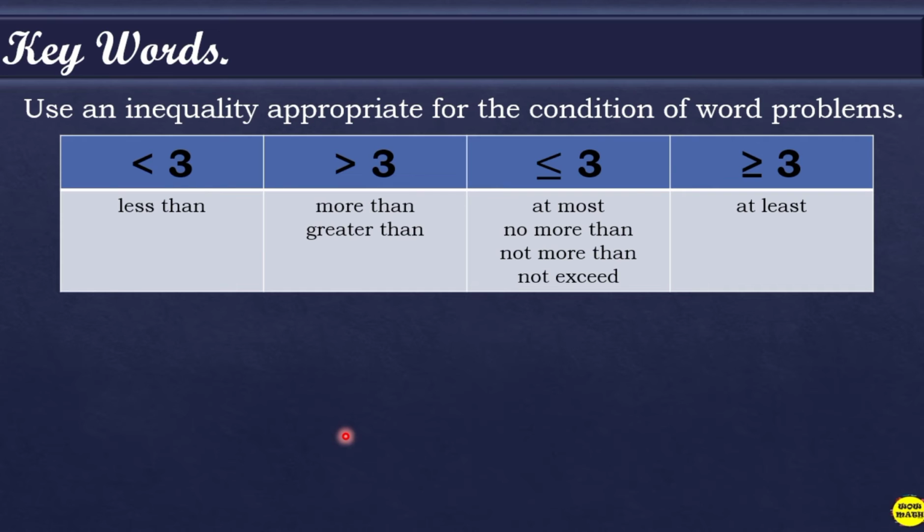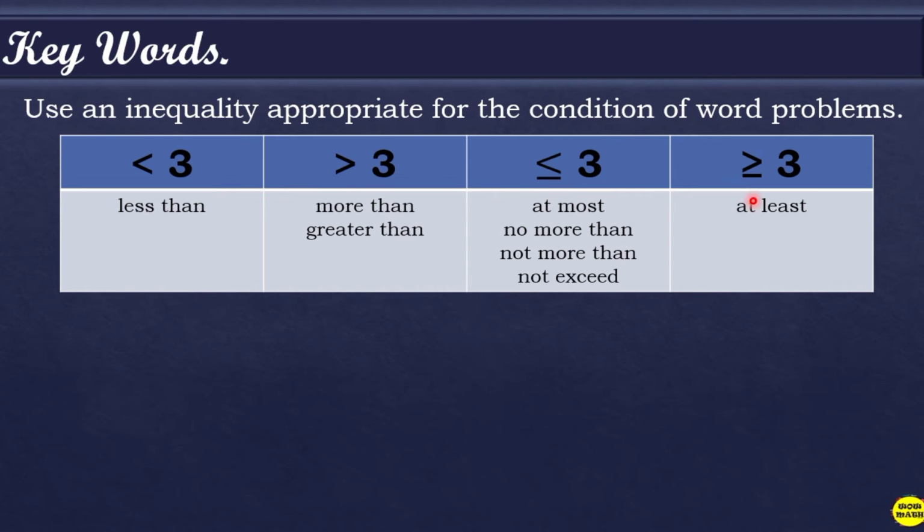So, if it's stated in the problem the word less than, ito yung symbol na gagamitin natin. I know, familiar naman kayo dito. More than, ito po yun, or greater than. Now, ito yung madalas ginagamit. Kapag nabasa mo at most, no more than, not exceed, or not exceeding, ito po ang symbol natin dyan, less than or equal to.